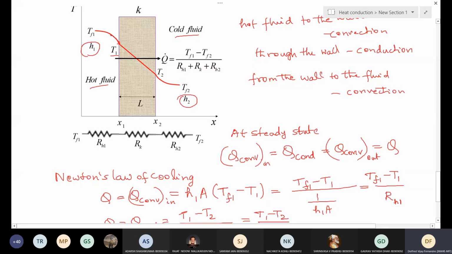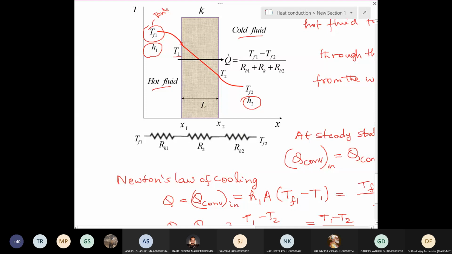And that temperature will increase in the temperature boundary layer, or thermal boundary layer, we say. And when you go very far away from the wall, you have the temperature of the fluid, TF1, which is called the bulk temperature. Understand? Bulk fluid temperature.